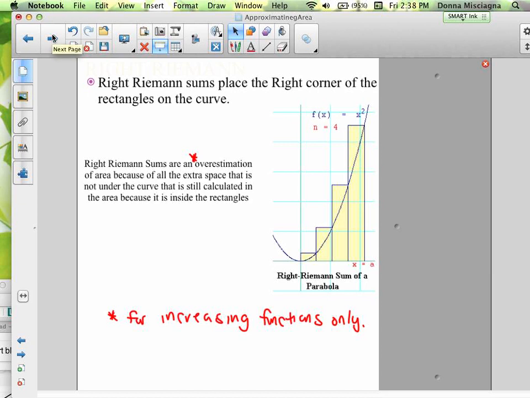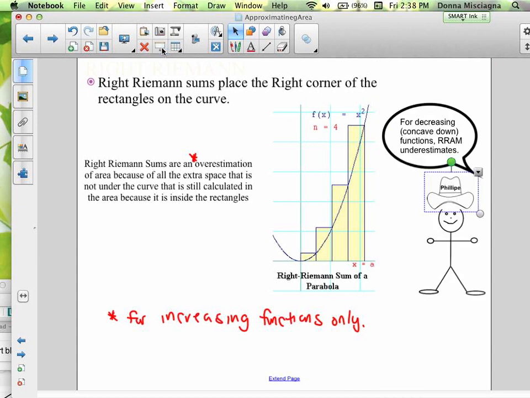There we go. Right Riemann sums place the corner of the rectangles on the curve. I wonder what can be hiding under this screen. Let's get rid of the screen and see who's there. It's Felipe. Oh, what are you doing, Felipe? I was wondering about you because I saw Melvin on the last page.